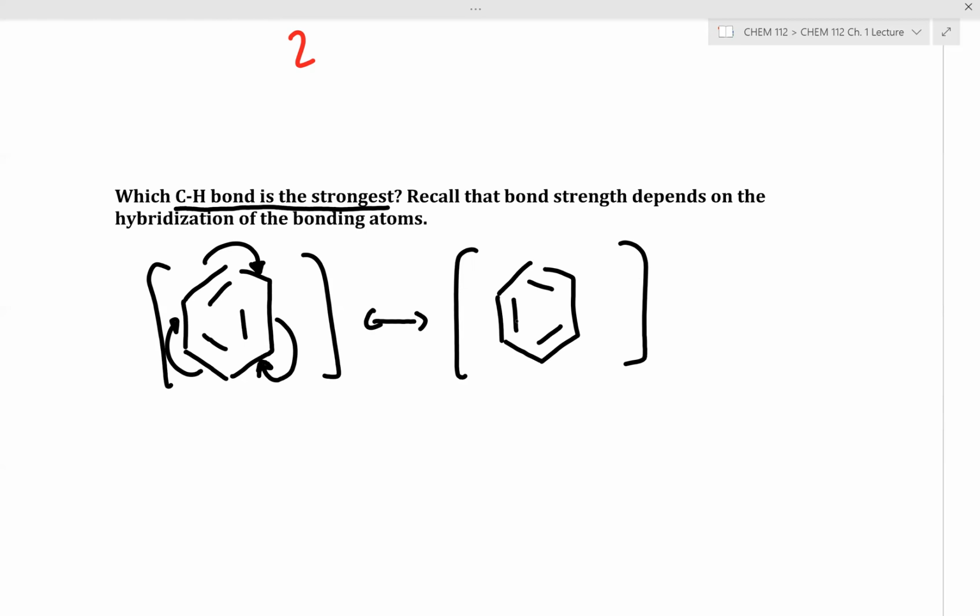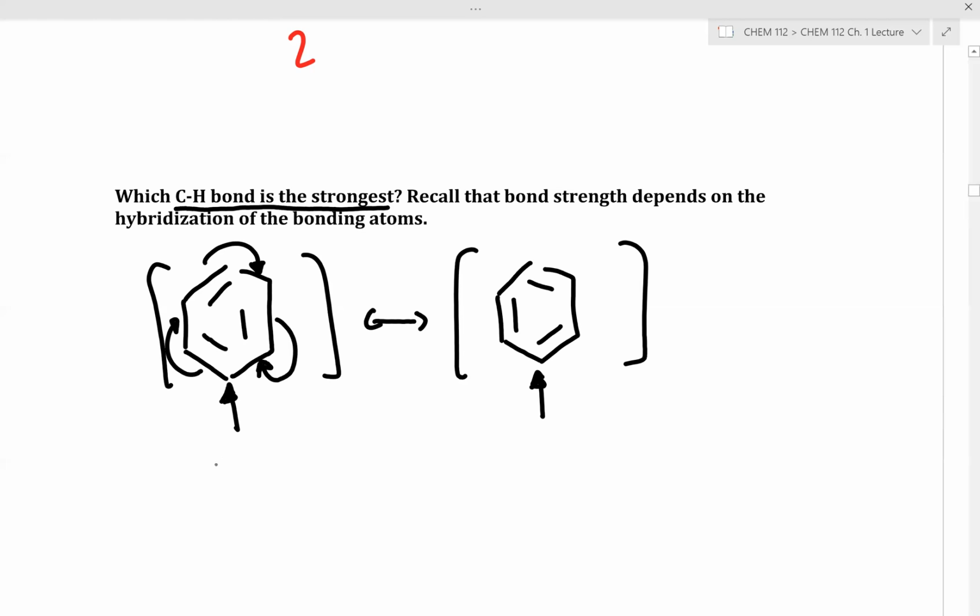Now, what factor is most relevant to the carbon-hydrogen bond strength? What am I asking in this question? What am I trying to get at here? What hybridization? Exactly right. So if we look at the hybridization of each of our atoms involved in each of these resonance structures, what's the hybridization in both of these resonance structures? sp2.